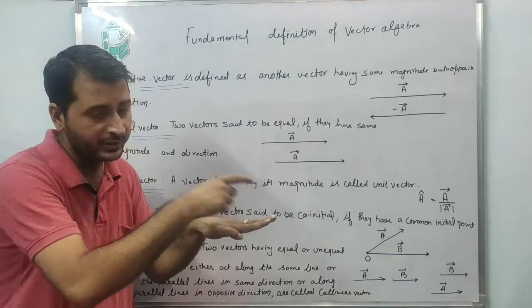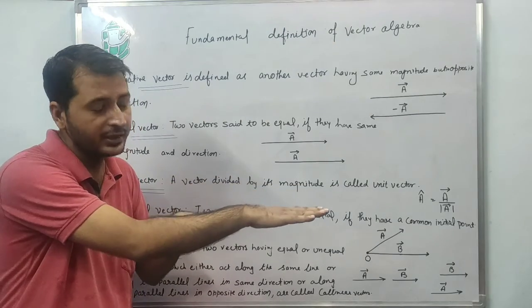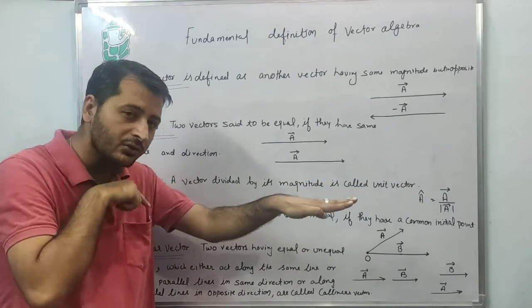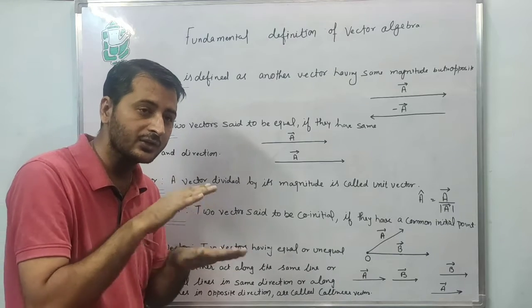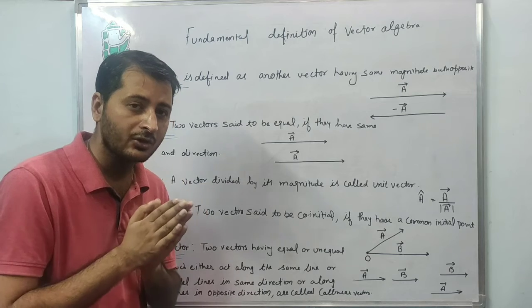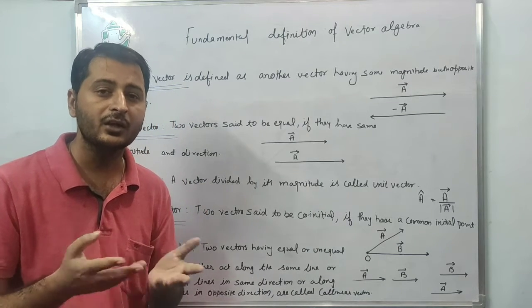We have one vector like that, and on the same line we have another vector like this. Might be we have another vector like this. It means if two or more vectors lie on a straight line or act along the same line, those vectors are called collinear vectors.